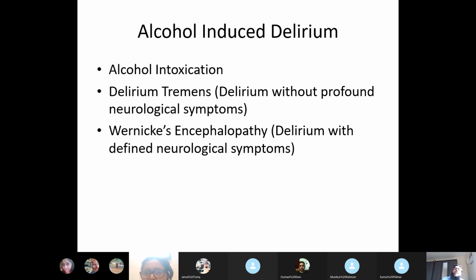And Wernicke's can lead to Korsakoff syndrome, which is largely irreversible cognitive impairment. That's why it is so important to treat the withdrawals, even if they are without the delirium, treat them. And if delirium has happened, it's more important to treat them. And if it is Wernicke's encephalopathy, you must treat those withdrawals. Otherwise, it may go to Korsakoff syndrome.